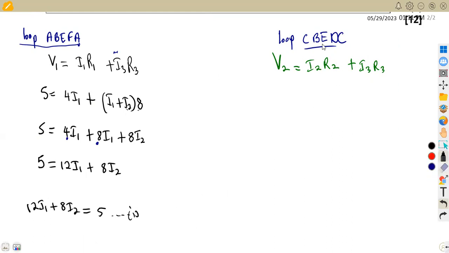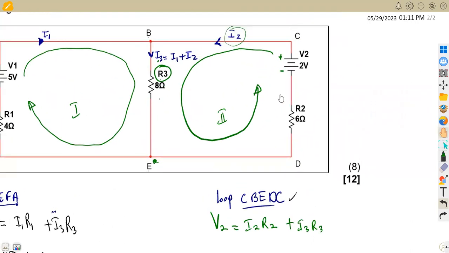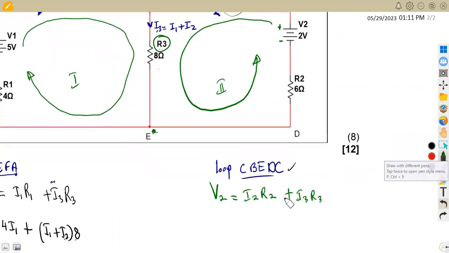All right, let's consider what we have got from the second loop. Remember what we said from our second loop, we are considering this part of our circuit, our V2, which is 2 volts in this case. So this is going to be 2 is equal to I2 we do not have, but R2 we have. Our R2 is 6.